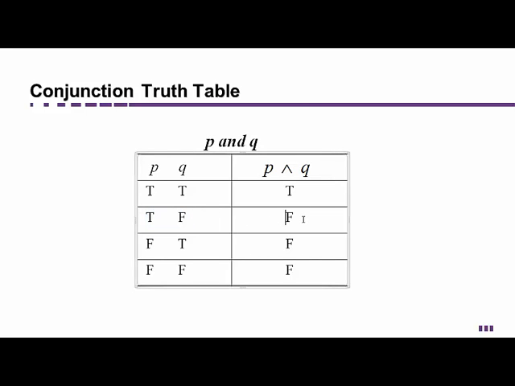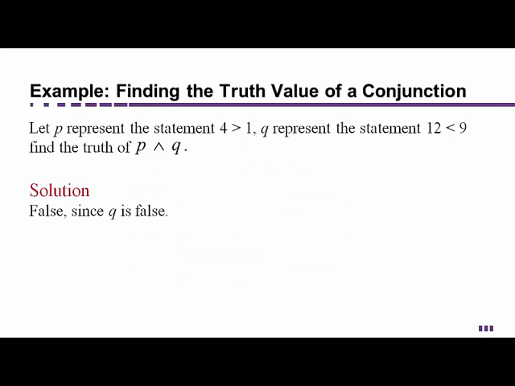So we're here in the second row, and we get that the conjunction, the putting them two together, the P and Q question, is false.